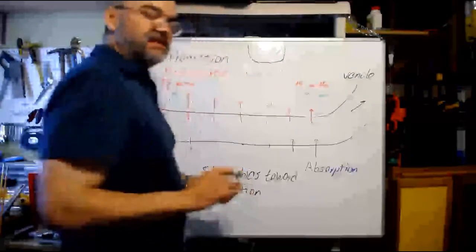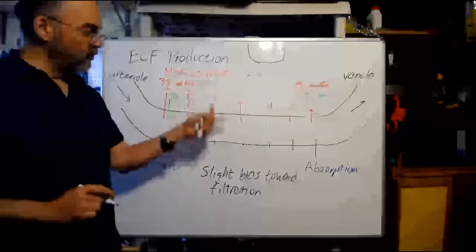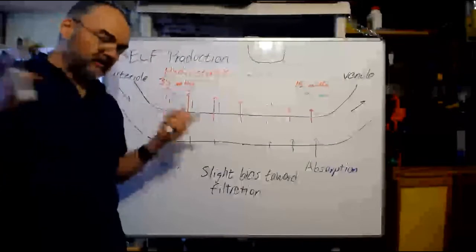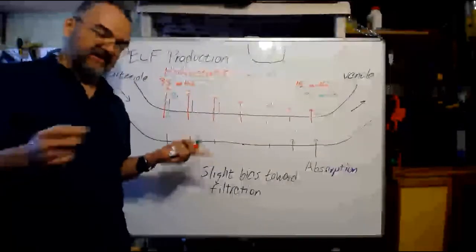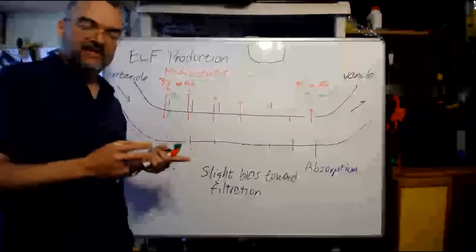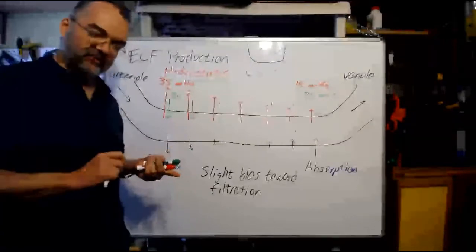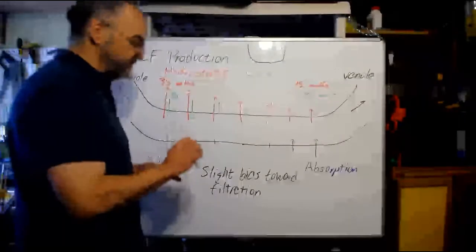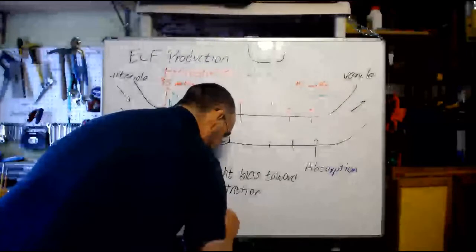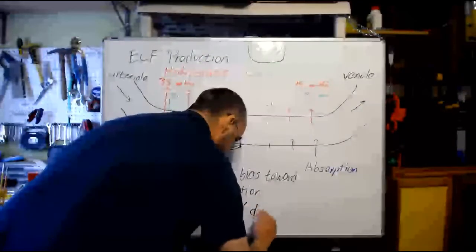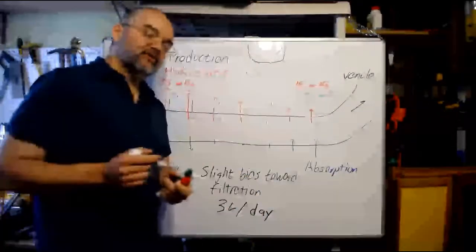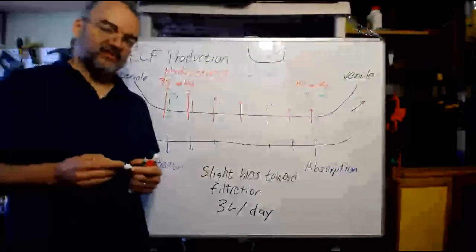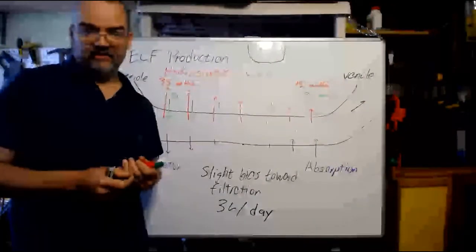That bias is enough that overall, if I took all of my capillaries together and added up all of the filtration, the slight bias toward filtration that goes on over the course of a day, I filter out about 3 liters of water per day out of all of my capillaries.